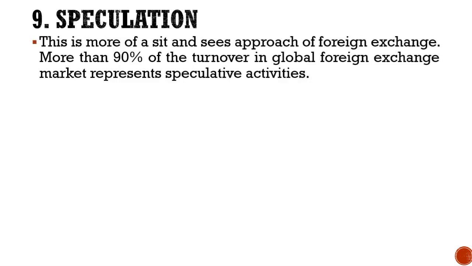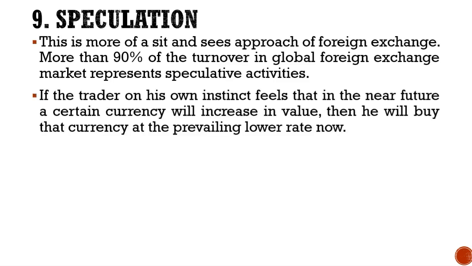The next factor is speculation. This is more of a sit and see approach of foreign exchange. More than 90% of the turnover in the global foreign exchange market represents speculative activity. If the trader on his own instinct feels that in the near future a certain currency will increase in value, then he will buy that currency at the prevailing lower rate now.